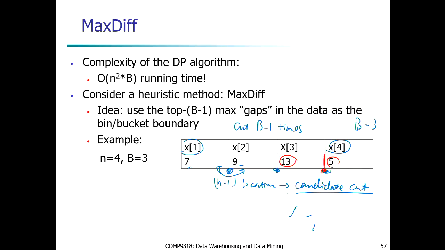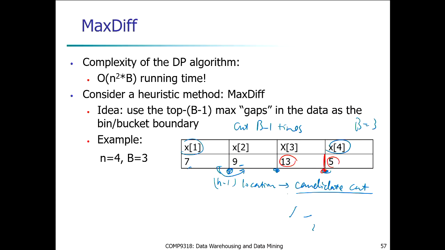And just by the formula of SSE, we know that if 13 and 5, together with something else, ever landed into one bin, the average will most likely be somewhere between 13 and 5, and this will incur a large SSE, which means the cost or the error.